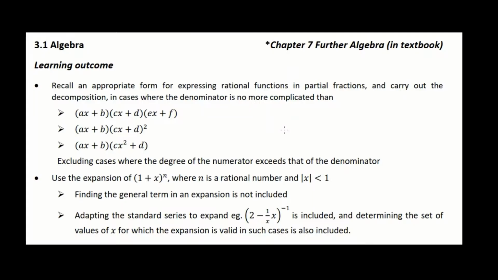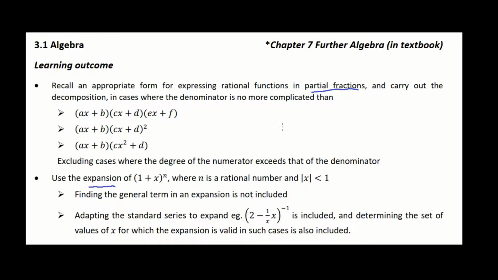When you look at today's learning outcome, you should be able to recognize that these are the learning outcomes you actually went through before, when we talked about partial fractions and the binomial expansion.